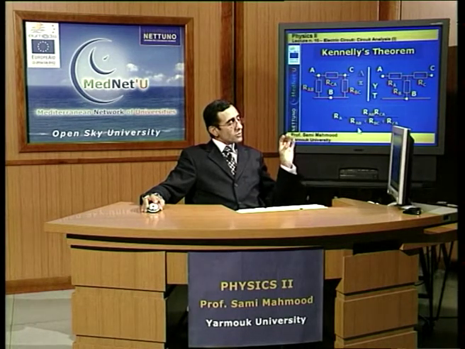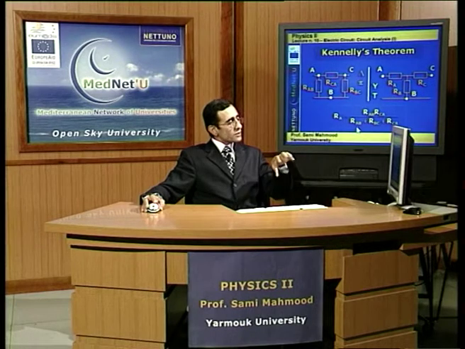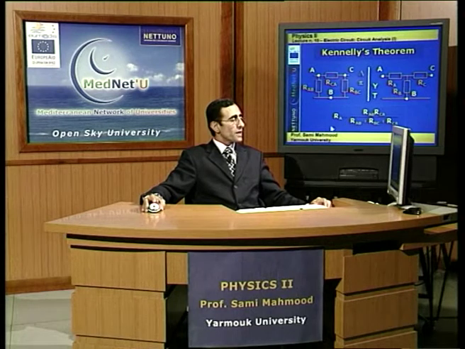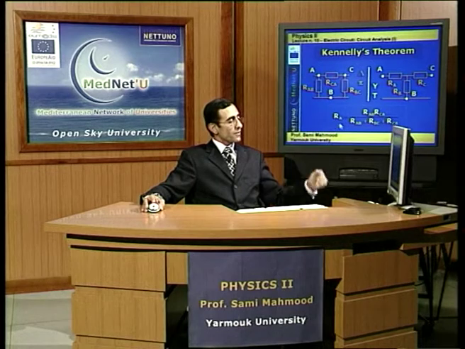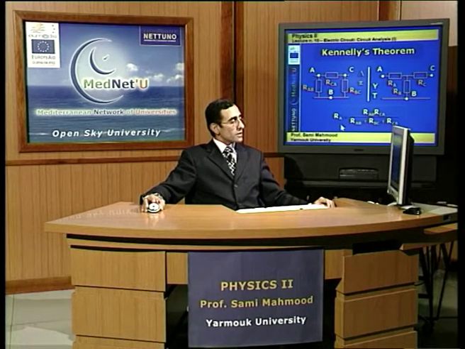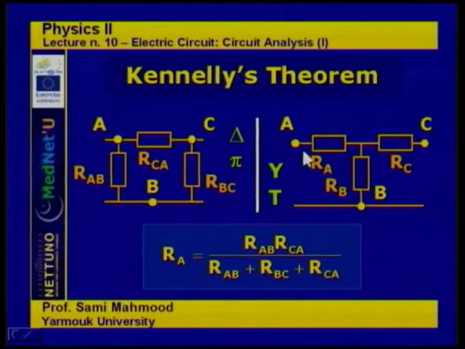But if we need to determine the equivalent resistance from an original delta or pi configuration, these resistors can be found by solving the previously given relations as follows. RA, the resistance between point A and the common point, is simply RAB times RCA, since point A is connected to the other 2 points, divided by the summation RAB plus RBC plus RCA.